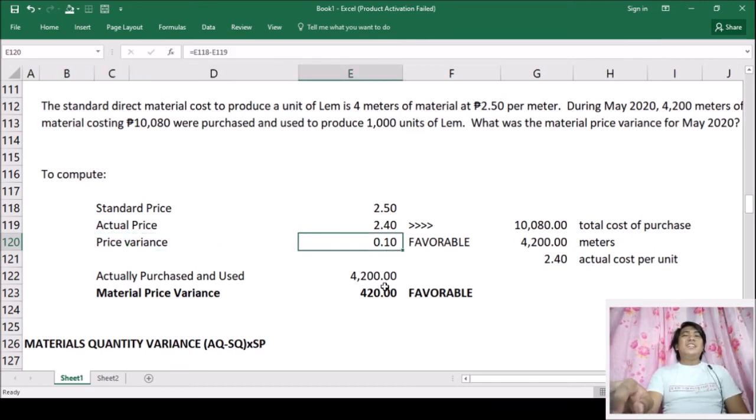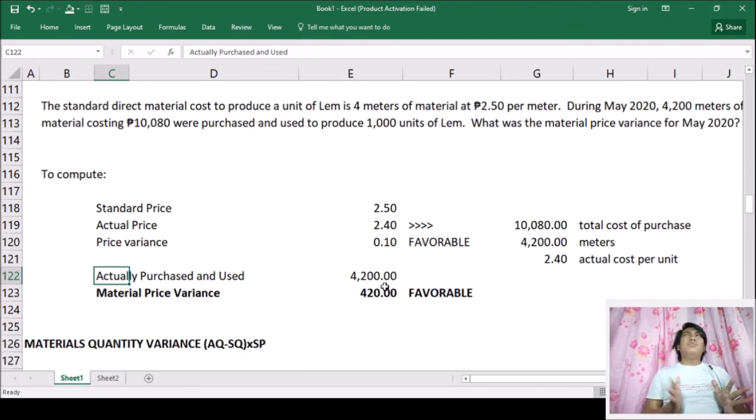So the price variance is 0.10, favorable because we bought it cheaper than our benchmark of 2.5, and then we multiply that 0.10 to the actual purchase and used. Why did I put actual purchase and used? Take note of this. If the problem is silent as to what multiplier to use for the price variance, we will use the actual purchase.